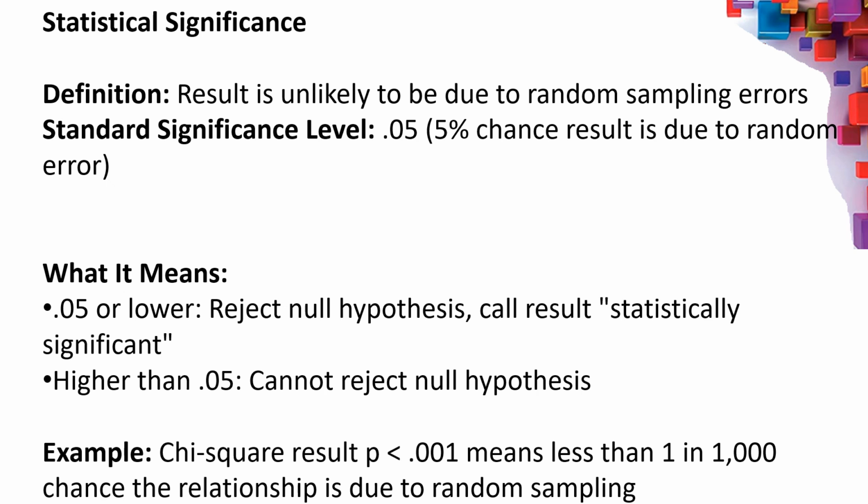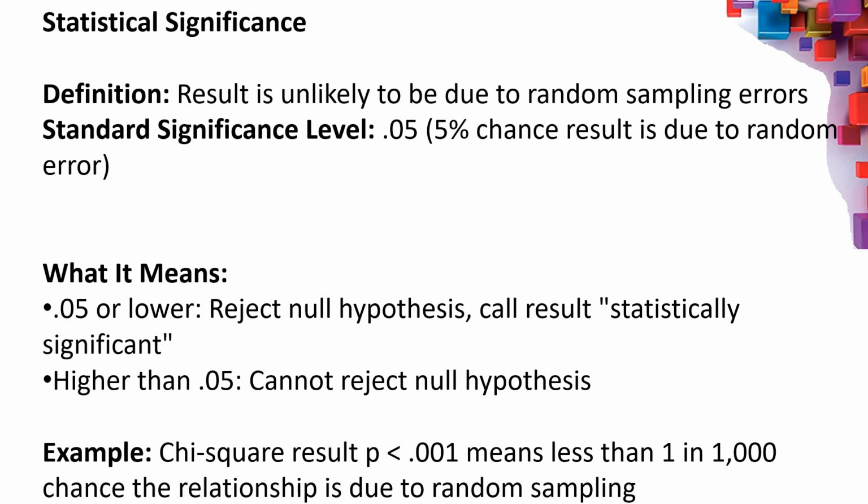Statistical significance is about probability. When we say a result is significant at the 0.05 level, we mean there's only a 5% chance this result could have occurred if the null hypothesis were true. Most researchers use 0.05 as their cutoff.